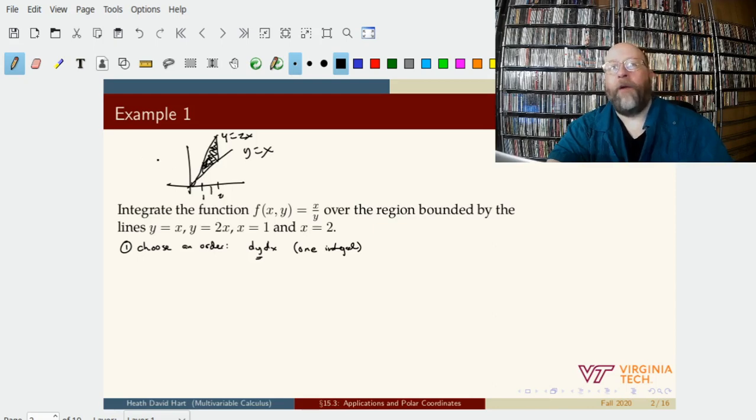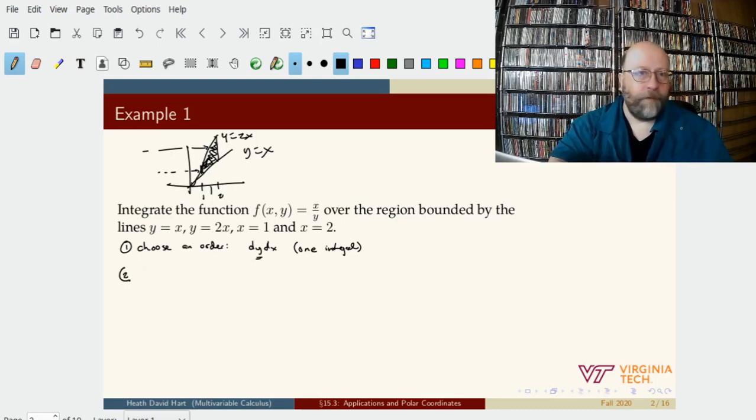But if my arrow travels in the x direction, sometimes it enters along this diagonal line and sometimes it enters along this vertical line right down here. That would require splitting this up into two integrals if we let the arrow go in the x direction. So choosing this order of integration allows us to do this problem using just one integral, and that's going to be a little bit faster.